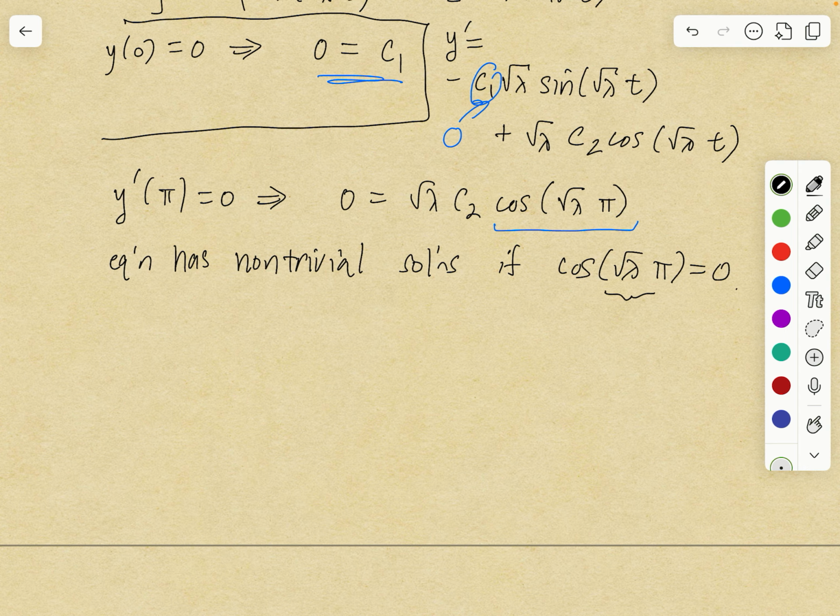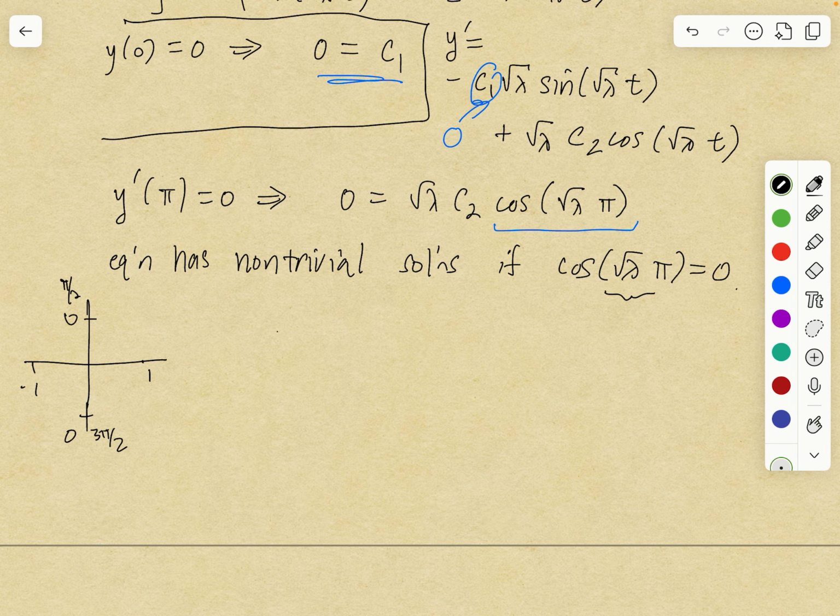Well, we have to think about what values make cosine equal to 0. So now we go back to our trig function. As you go around the unit circle, cosine goes 1, 0, negative 1, 0, and then back to 1. So the values that make cosine equal to 0 are pi over 2, 3 pi over 2, and then you just keep adding pi.